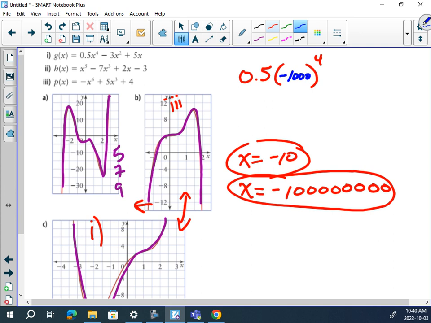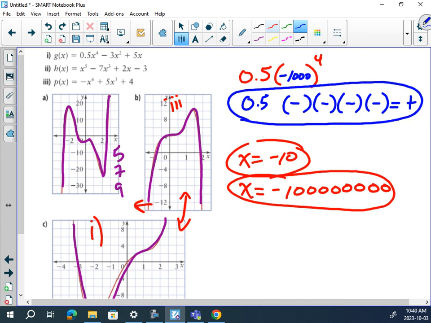So -1,000 times -1,000 times -1,000 times -1,000, basically a bunch of negative values multiplied times the positive number out front. And so that will be a positive value. So if I didn't know which graph was which by knowing the shapes, I know that this one should have positive values out to the left. And that's what's going on here.